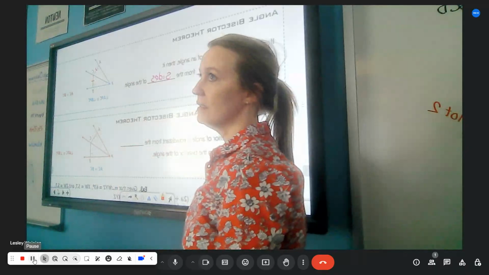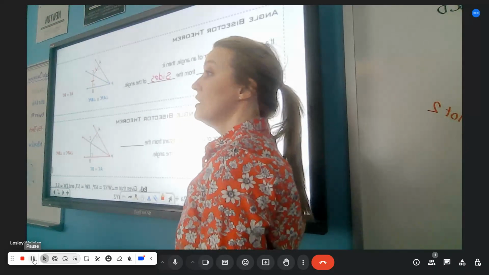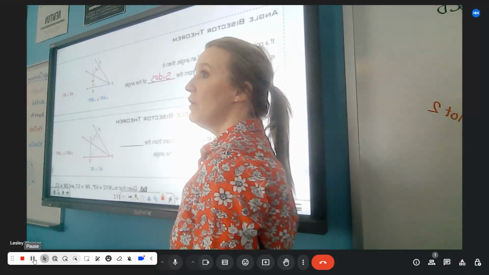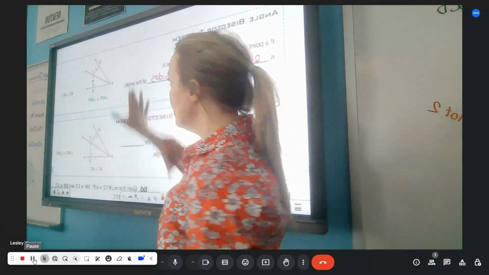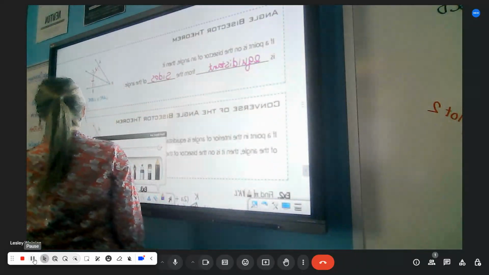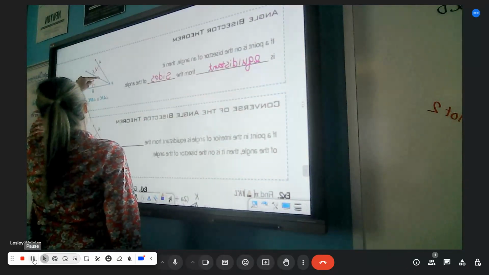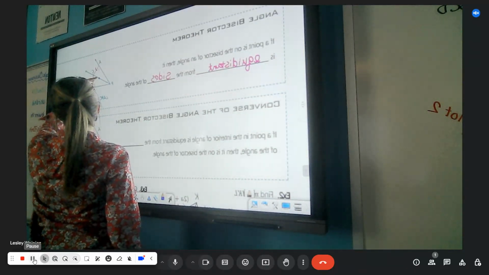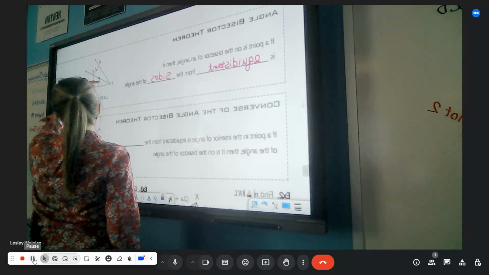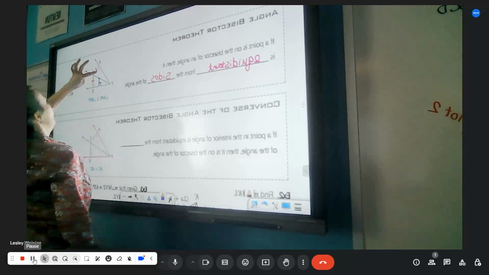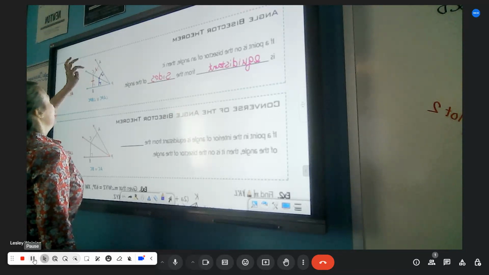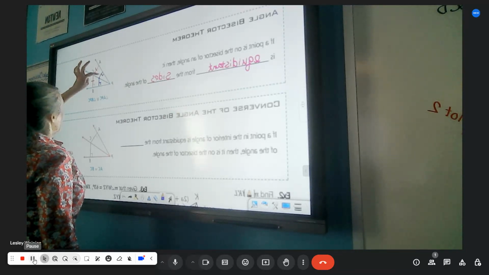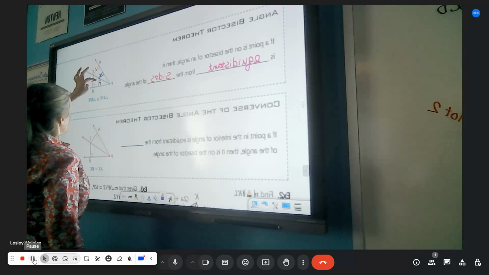That should kind of make sense. That's going to be true anywhere you go on that bisector. Okay, so they picked those points, but if I went here, it's also going to be true there. I just have to make sure that I'm going perpendicular. Okay, and then this is the same as that.